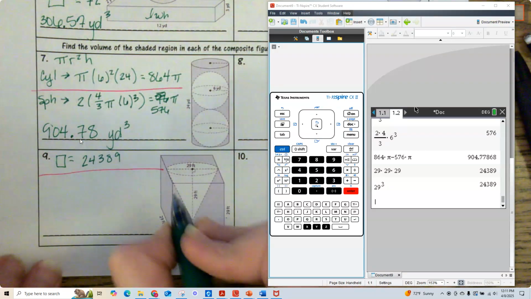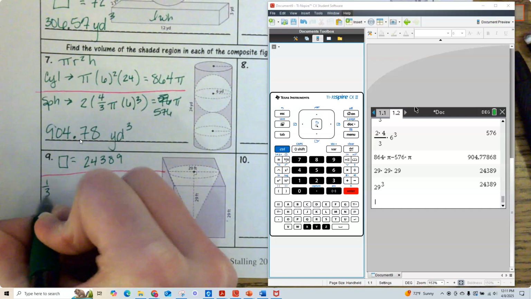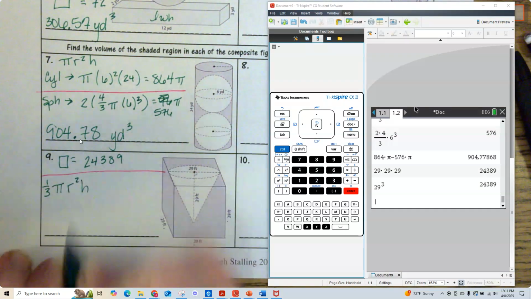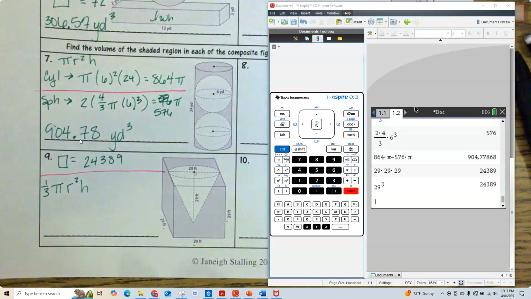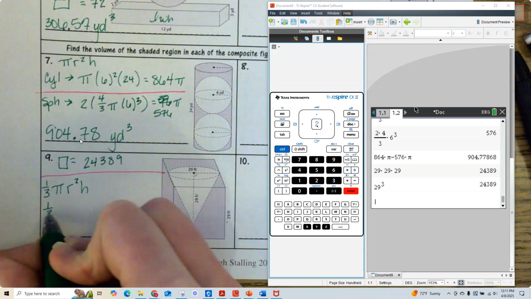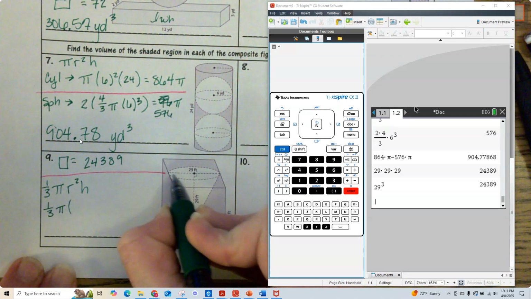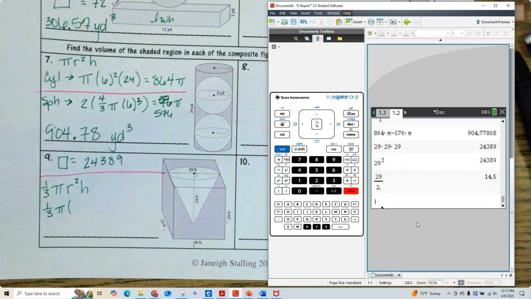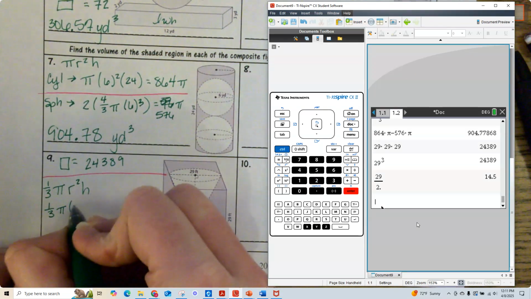All right. Cone, 1/3 pi r squared h. I just write the formula for myself when I'm going to fill it in. All right, so 1/3 pi. All the way across is 29, so I can divide it by 2. 14.5.